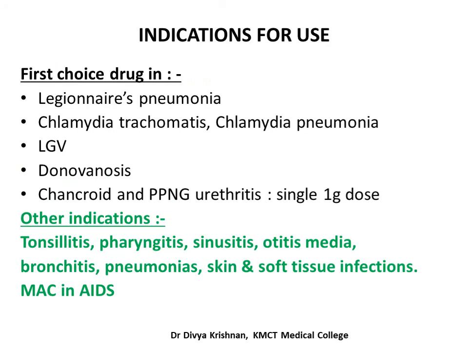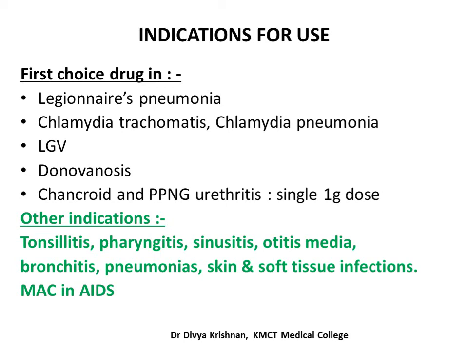The indications for use include all the uses we saw under erythromycin. Other than that, it is preferred as the first choice drug in Legionnaires pneumonia, Chlamydia trachomatis, Chlamydia pneumoniae, LGV, donovanosis, chancroid, and PPNG urethritis.